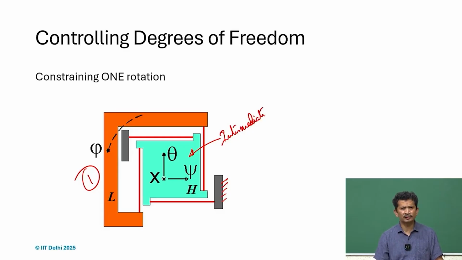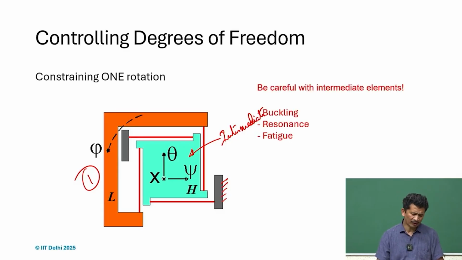And of course, it constrains the rotation, but what we have to realize is that the intermediate body is free to move. So, if we fix the orange body also, we do not have a control on the intermediate body. So, if we tap, it can start moving, and it has degrees of freedom.